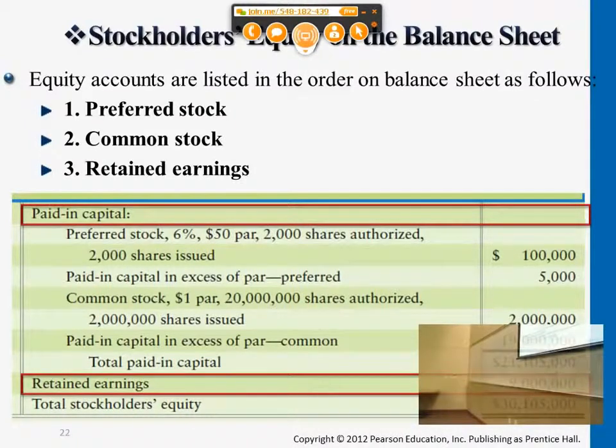And the sequence for listing this, always, if there's preferred stock in the problem, we will list preferred stock first, then common stock, and then retained earnings. Okay, this is just the general sequence, how we list this under the balance sheet. We usually don't flip the order of this.